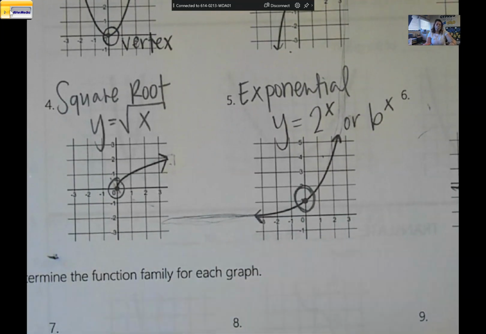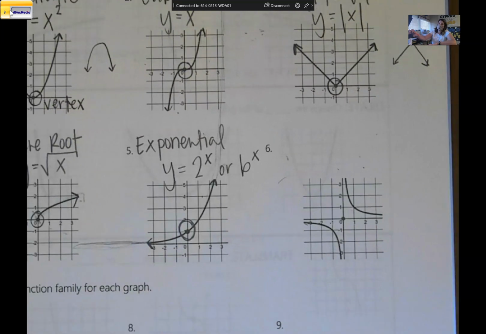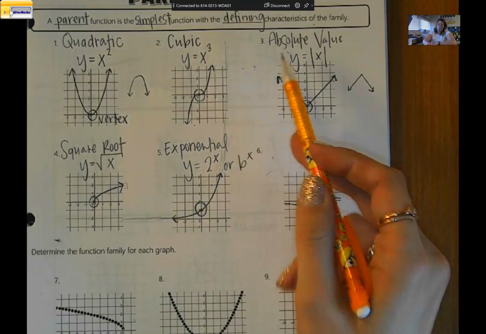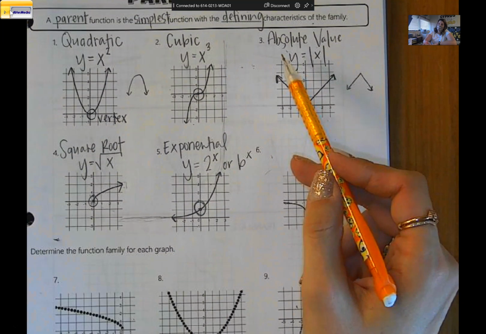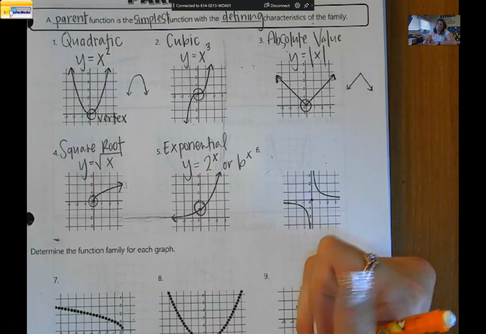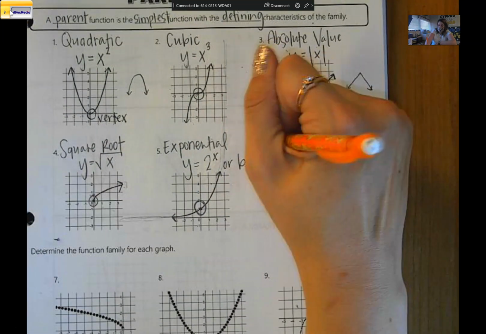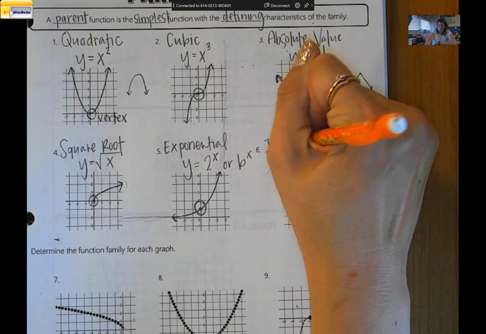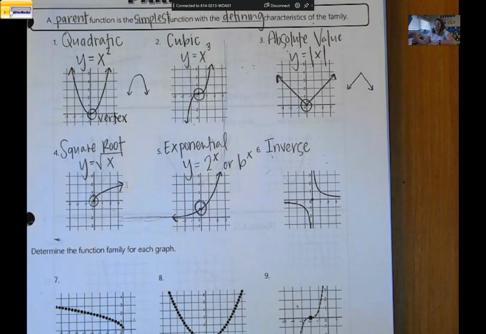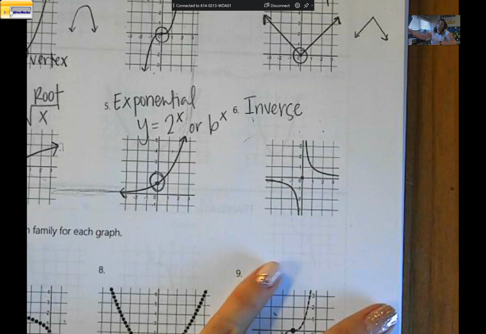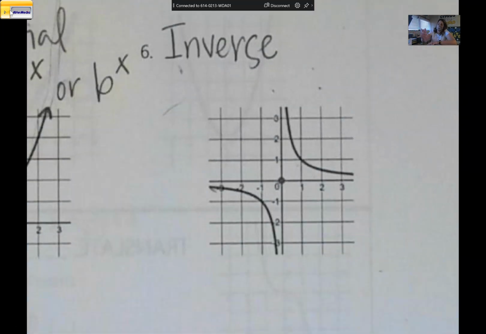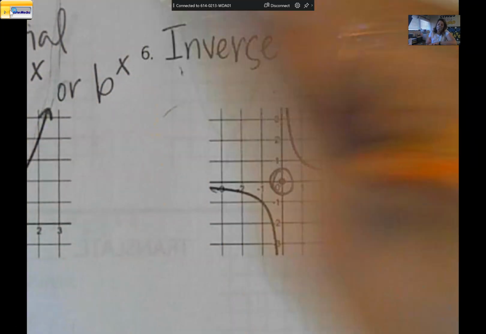And the last one that we're talking about should be a new one. All these other ones you should have seen in 10th grade. Maybe you didn't talk about the exponential so much, but this one, the inverse function, should be new. His vertex actually isn't even touching the graph. His vertex is at the origin.